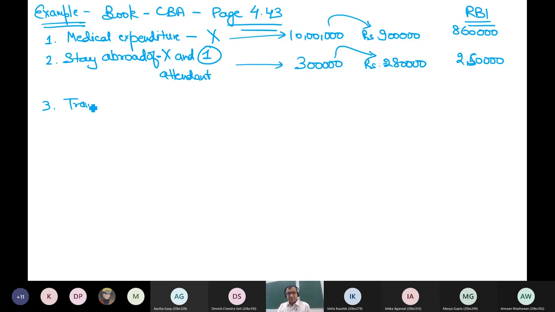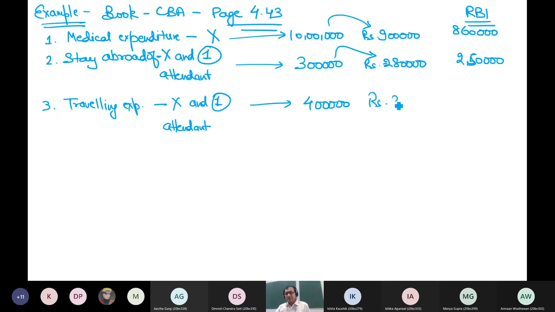Traveling expense, again of X and one attendant, 4 lakh. Expense reimbursed 3 lakh. Here RBI doesn't come into the picture.